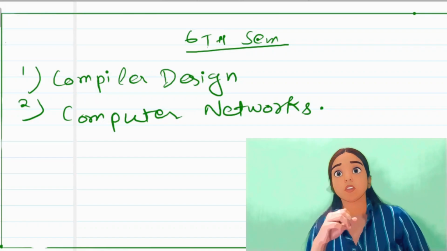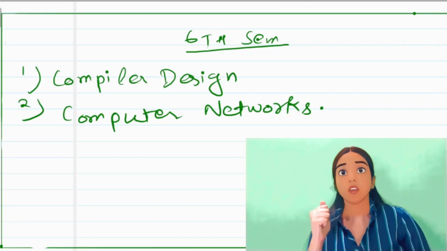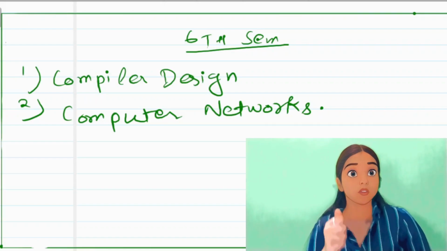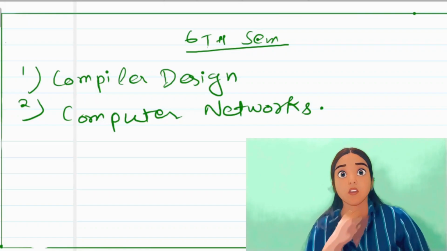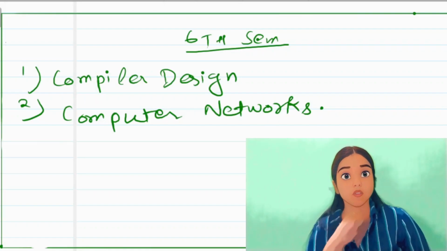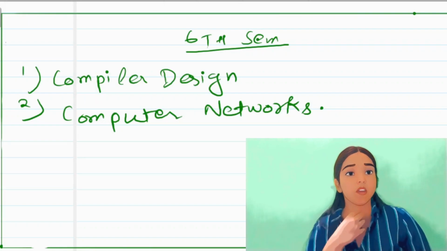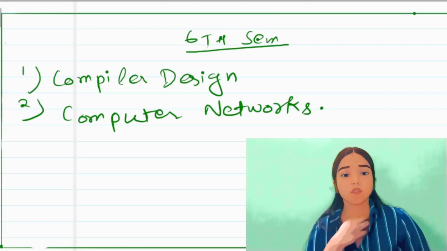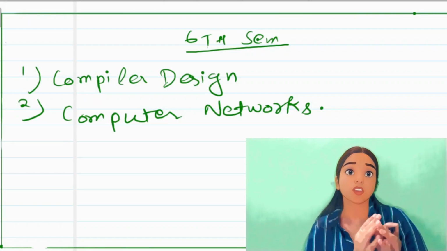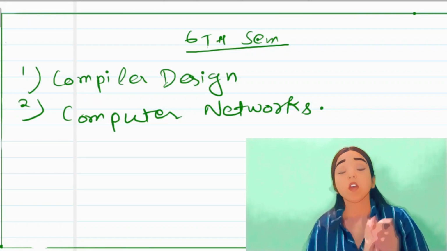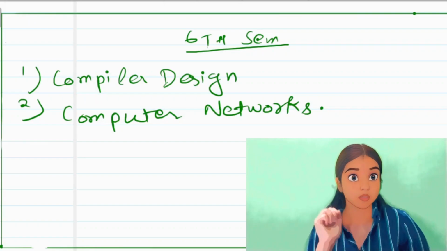We are also going to learn about the protocols that any type of communication uses, such as mail communication. Every type of communication has its own network protocol, and we are going to learn that in this subject.